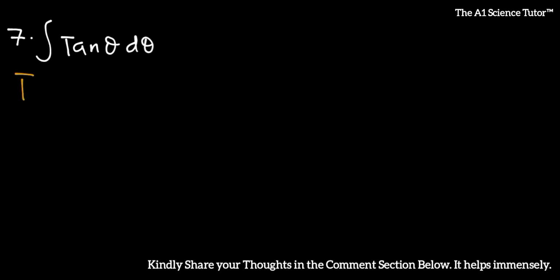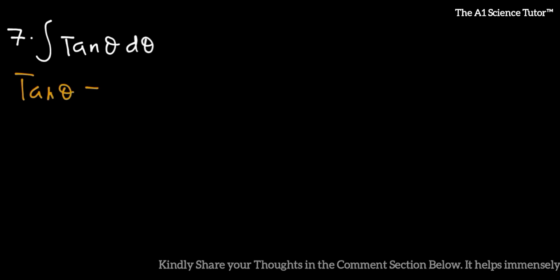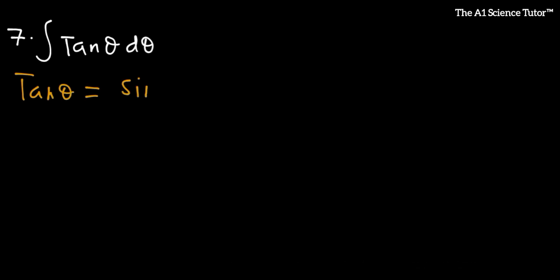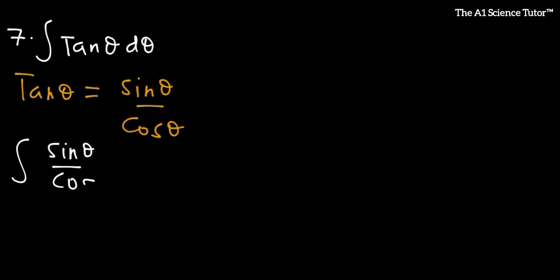Now we know that tan theta is the same thing as sine theta divided by cosine theta. So if I replace that, we're going to have integral sine theta divided by cosine theta d theta. So this is actually what I'm going to use.